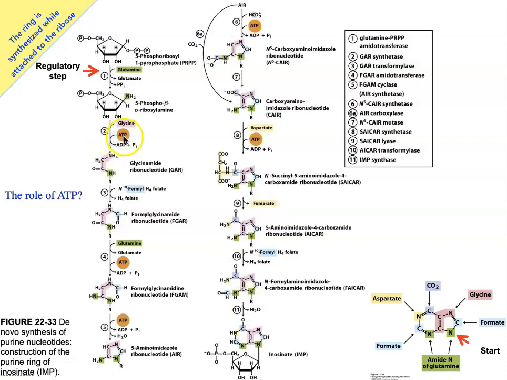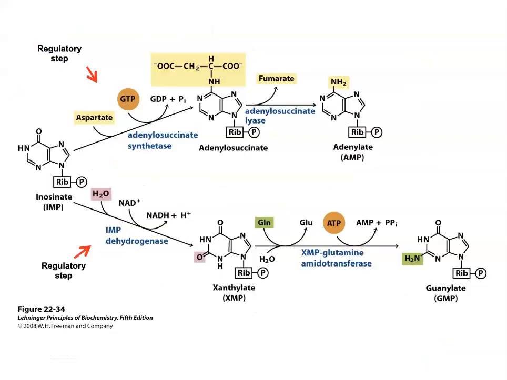One thing though I want you to realize, look, we used 1, 2, 3, 4, 5 molecules of ATP, and if we count also the ATP that was involved in the activation of the pentose, that's a lot of ATP involved in the synthesis of nucleotides. All right, so the final product of this pathway is inosine monophosphate. So from this point on, we will use inosine monophosphate, and we will generate adenosine and guanosine monophosphate.